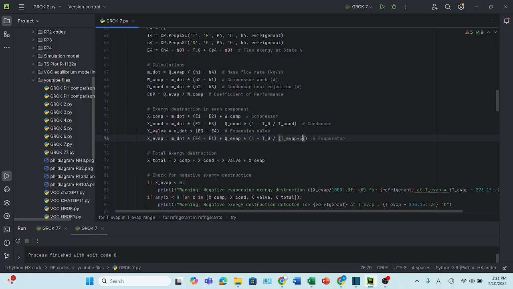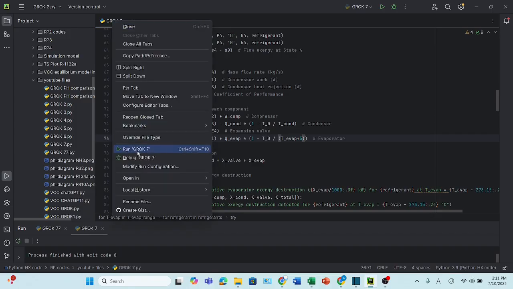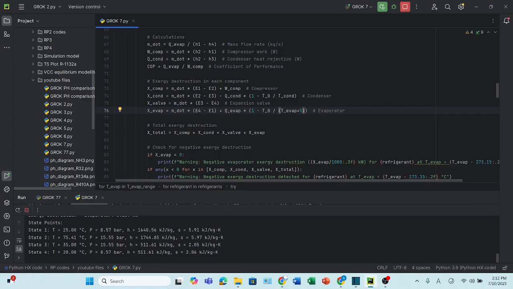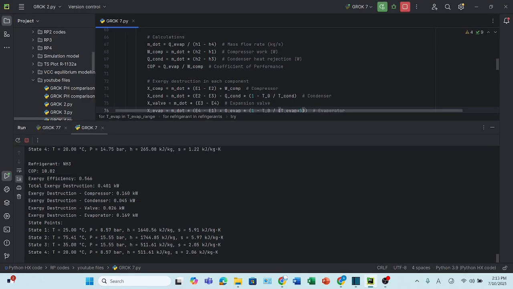So let's add, for example, a 5 degrees Celsius change between the refrigeration space and the evaporator, and now we will run it again and see whether the exergy destruction for the evaporator has become positive or not.